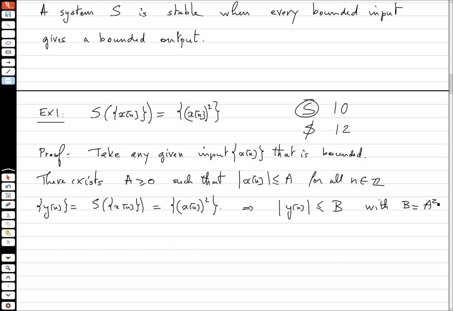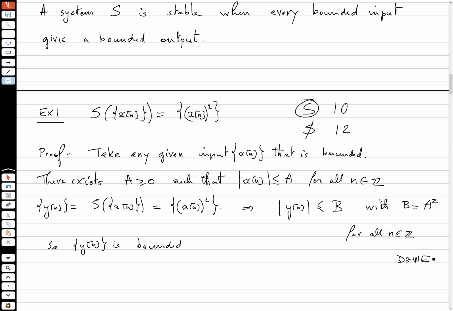Do you agree with that, for all n? Right? You agree? So y of n is bounded. Done.